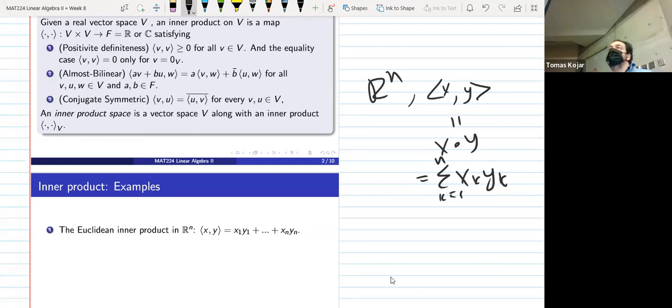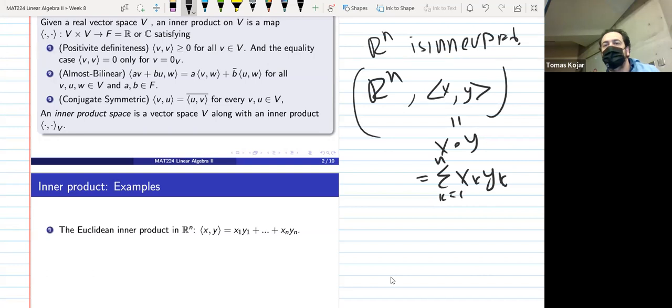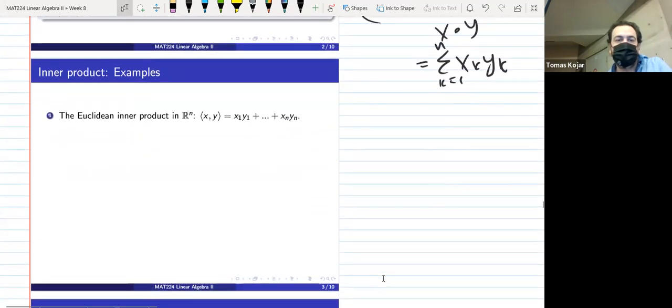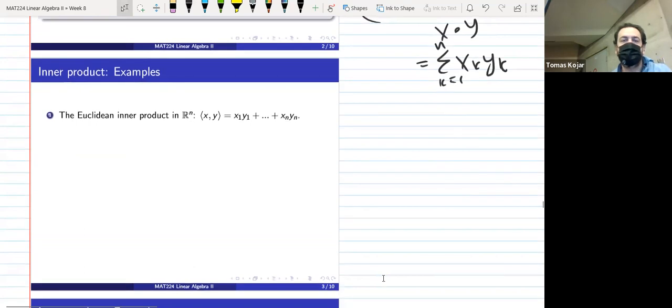No, you don't have multiplication, you have scalars. Anyway, so Rn is an inner product space.